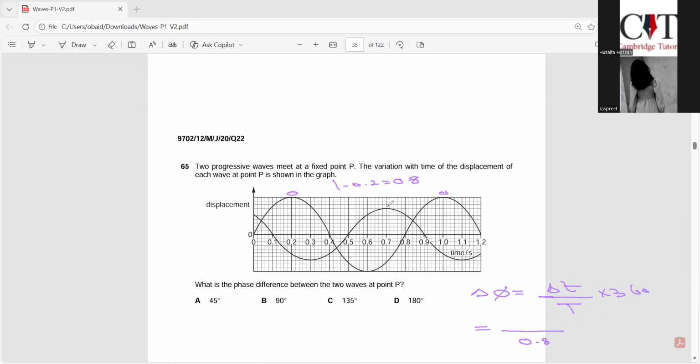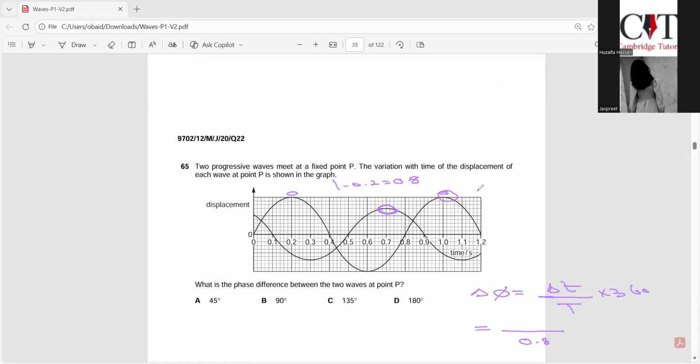So to calculate the time difference, we just have to take two consecutive crests or troughs of the two different waves. If I take the crest of this wave, then I take the crest of the other wave, which is this, right? Now tell me the difference between them.